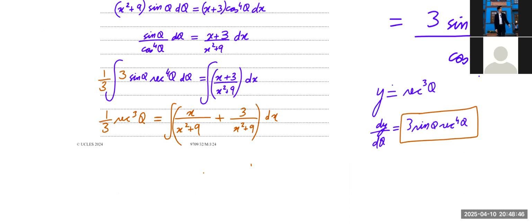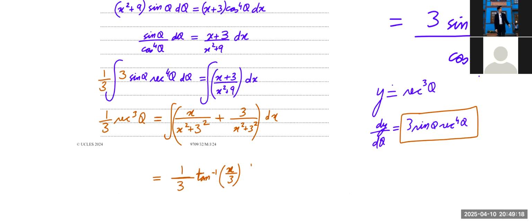Let me check. Oh, okay. Integration. So it's 1 over x squared plus a squared, right? So a squared, in this case, is 3 squared here. That equals 1 over a, 1 over 3, times tangent inverse of x over a. Tangent inverse of x over 3.